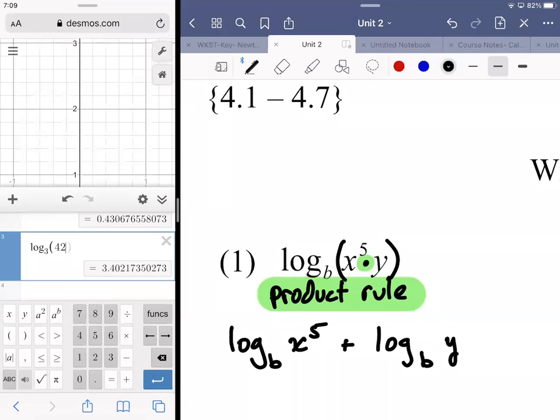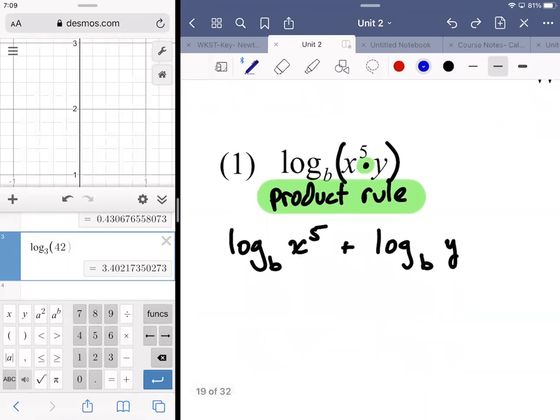With that in mind, we always handle products and quotients before we handle powers. That's because if I were to try to make this 5 a coefficient of the log, it wouldn't make sense because that y doesn't have a power of 5. It wouldn't apply.